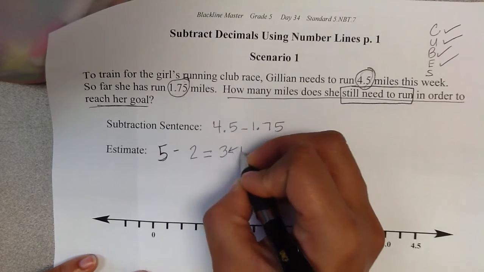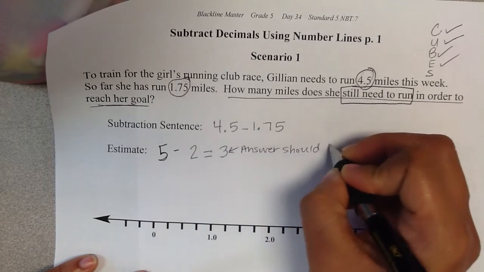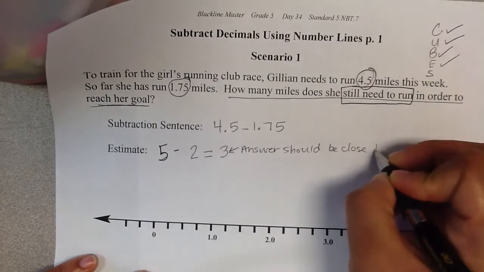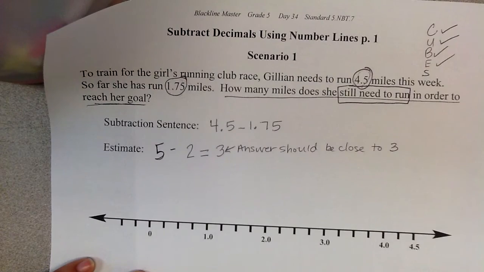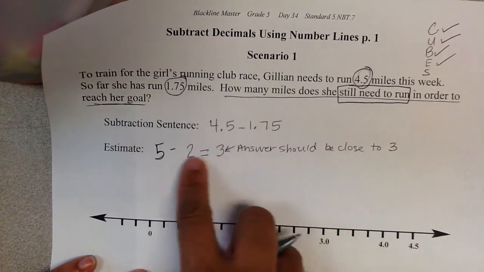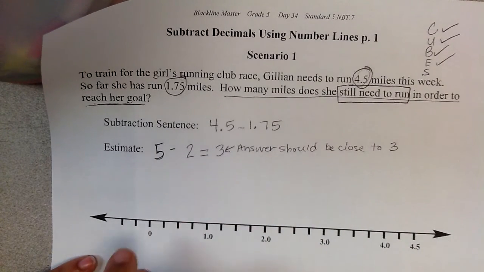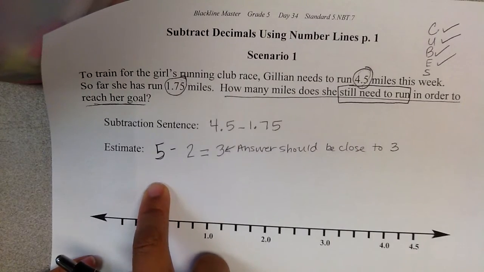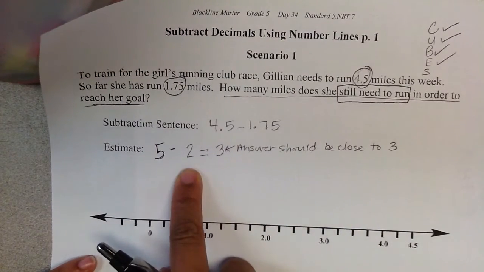That means my answer should be close to 3. Now, when you do your assessment on subtracting decimals, this is a method you can do to really prove your work. You can use this method to prove your thinking and to even achieve a level 4 if you show an estimate and you tell me how you used your estimate.